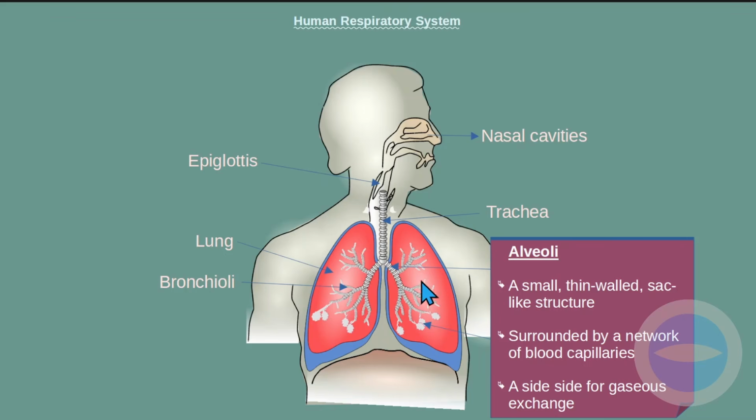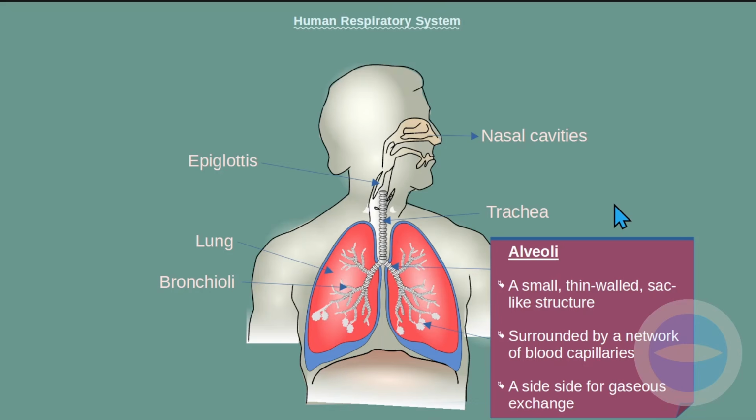A large number of alveoli increases the surface area, which is one of the requirements of the human respiratory system. Each lung contains a lot of alveoli, so they increase the surface area. So this is how the alveolus works.